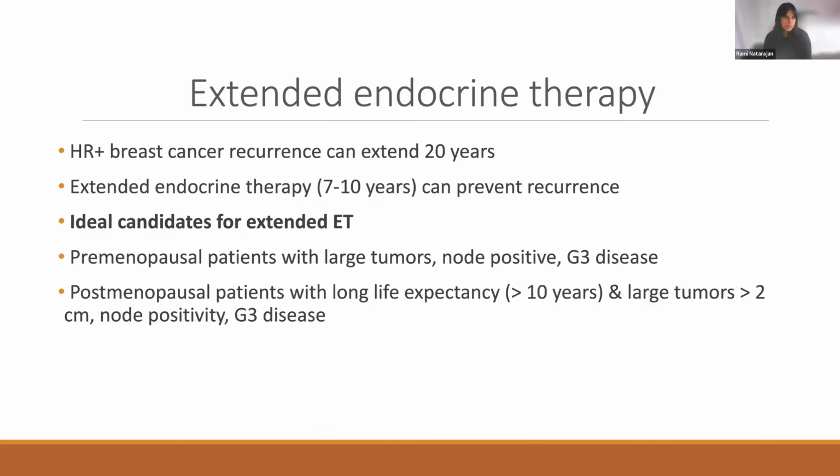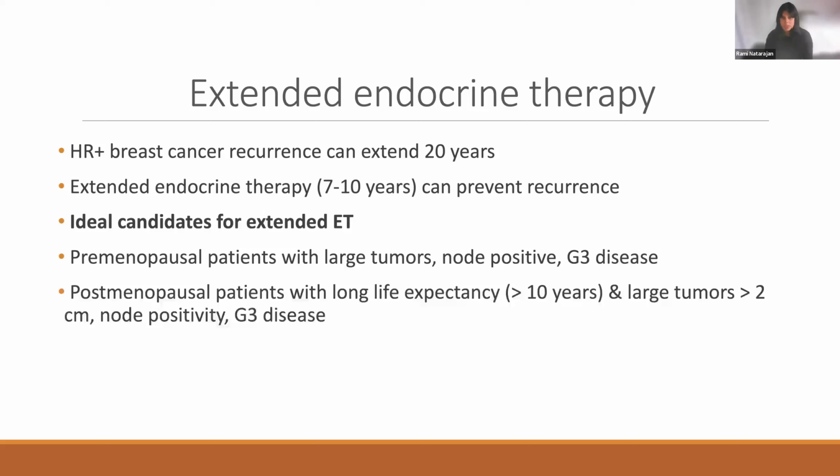So what about extended endocrine therapy? We know that for hormone receptor positive breast cancer, recurrence can extend, unfortunately, up to 20 years. And we also have data to show that extended endocrine therapy up to 7 to 10 years can prevent recurrence. Of course, we don't want to extend endocrine therapy in everyone because this can lead to unnecessary toxicity and cost.